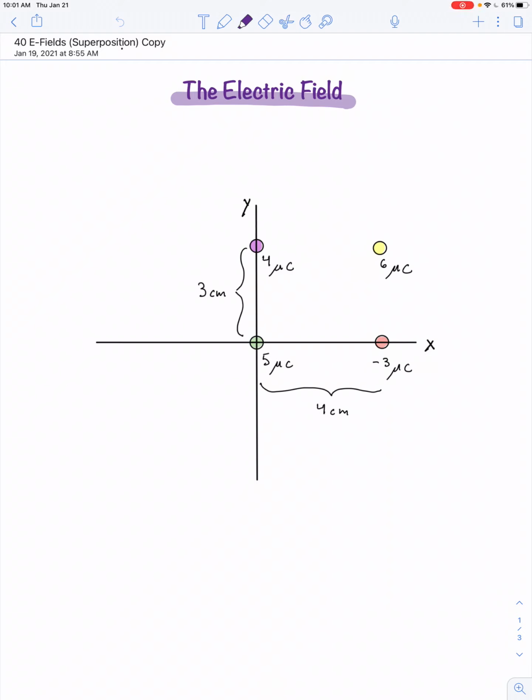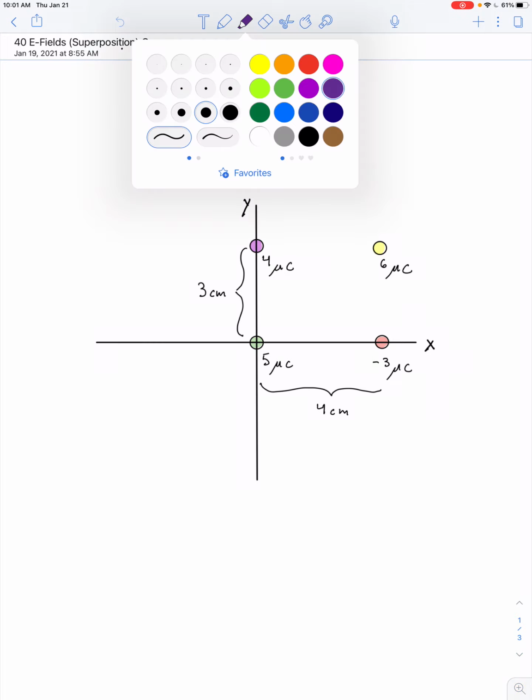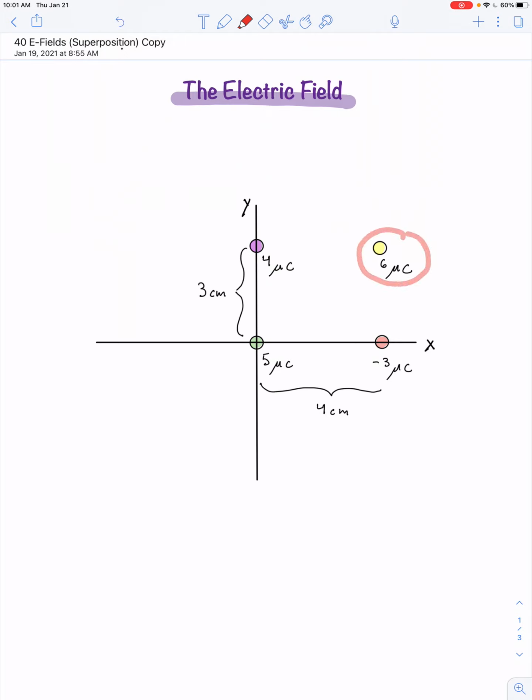In the previous video lesson, we used Coulomb's law and the law of superposition in order to find the net amount of electrostatic force on this 6 microcoulomb charge, assuming that all 4 charges that you see here are fixed in space. As a quick reminder, we pictured it like a free body diagram.